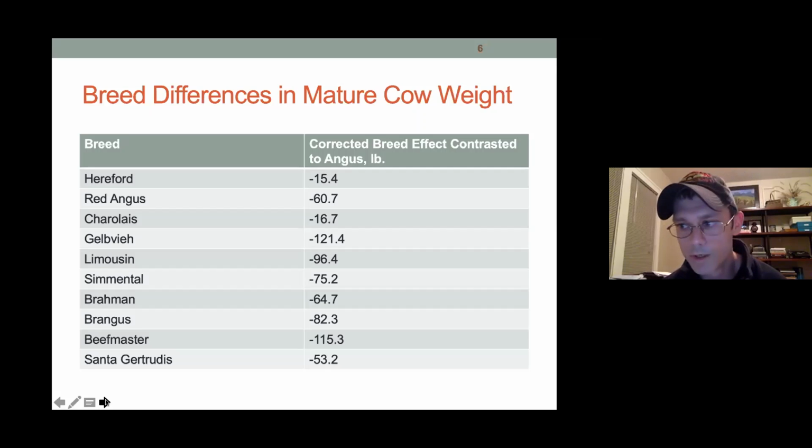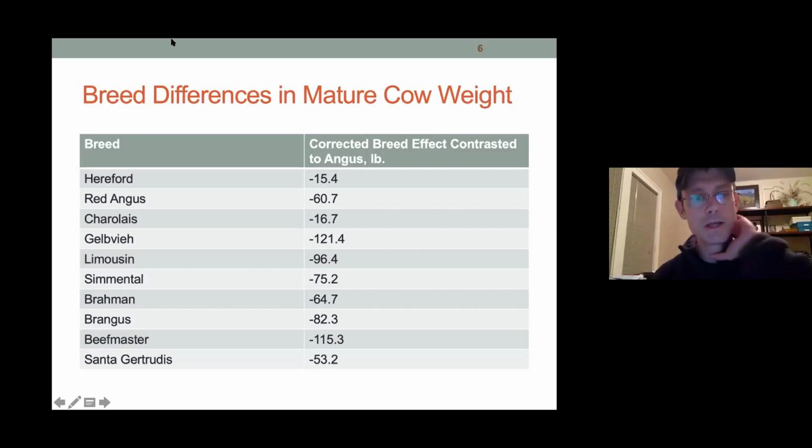The point of showing breed differences isn't to pat one breed on the back or to shame another breed. It's to say that as producers choose which breeds fit into their breeding program, they should do it understanding what current breed differences actually are, and not maybe historically the way we think of the rank.